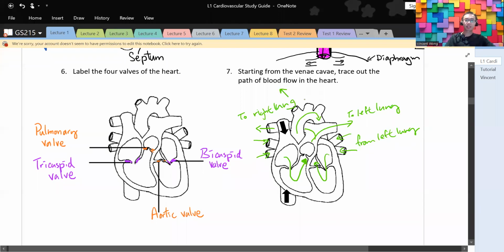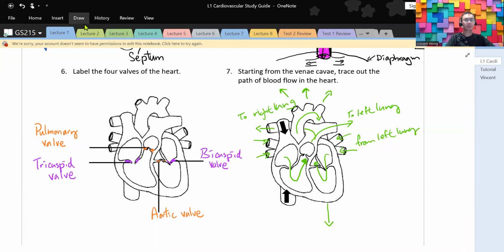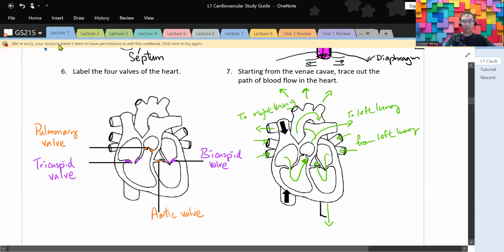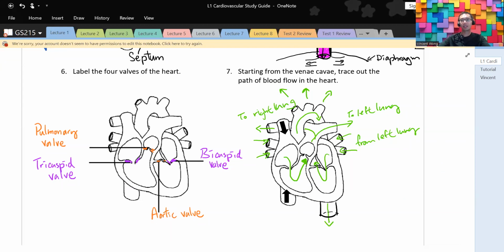Okay, of course, the blood is going to go up to the head and to each side of the body. And I just told you the aorta will come down here as well, right? Just gonna draw that in one more time for you. There we go. So that's the flow. All right, you should know the flow. It's quite important that you do.